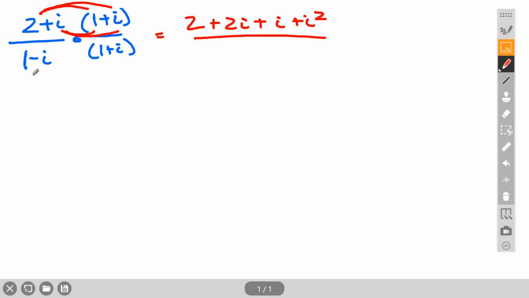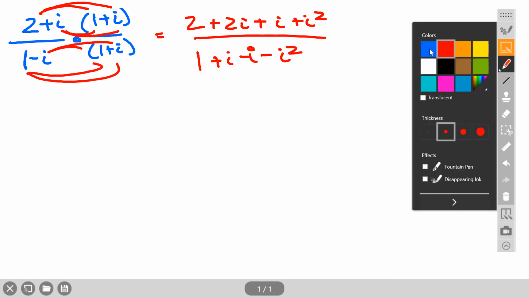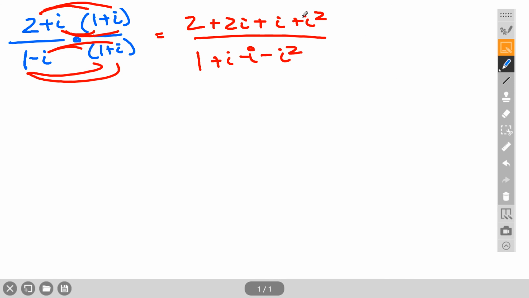I'm going to do the same thing to the denominator. 1 times 1 is 1, 1 times i is i, negative i times 1 is negative i, and negative i times i is negative i squared. But remember, i squared is just negative 1. So this is plus negative 1 or just minus 1. And this is minus negative 1 or just plus 1.